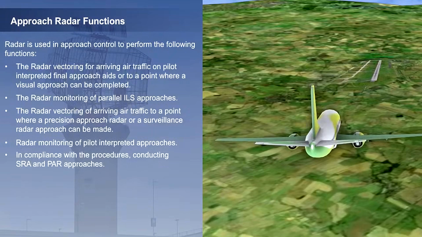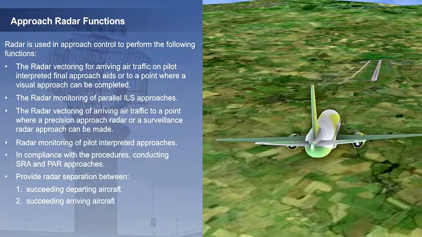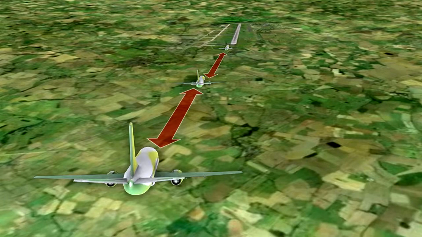Radar monitoring of pilot-interpreted approaches, providing compliance with the procedures, conducting SRA and PAR approaches, and providing radar separation between succeeding departing aircraft, succeeding arriving aircraft, departing aircraft and succeeding arriving aircraft.